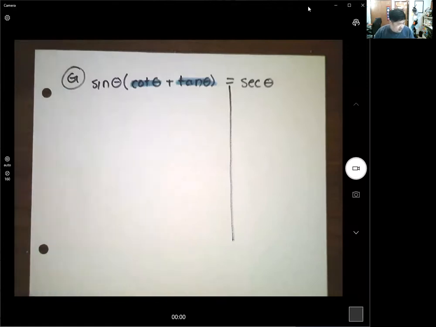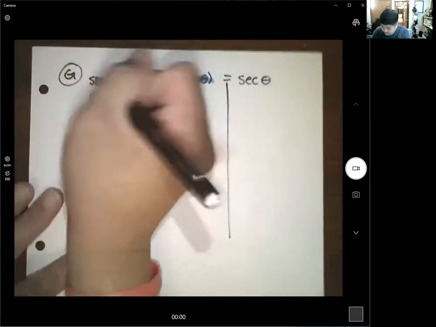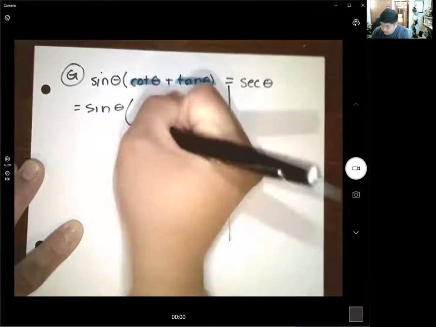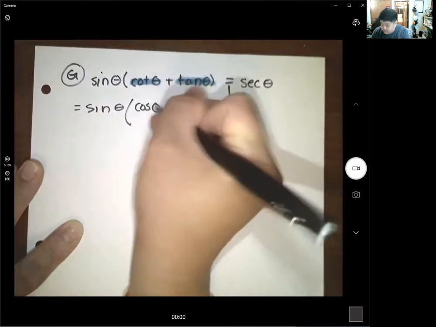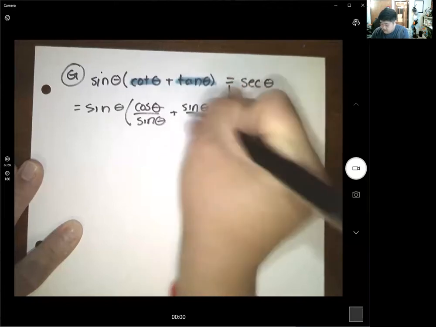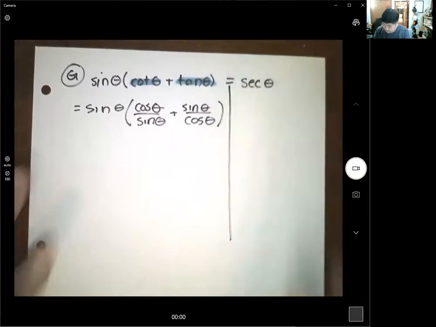It's not really a trick, as much as it is a technique of changing all of the functions to be in terms of sine and cosine. So let's see, here we have cotangent of theta is cosine of theta over sine of theta, and tangent of theta is sine of theta over cosine of theta.